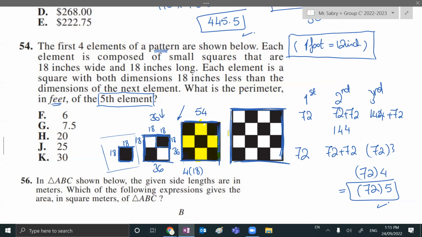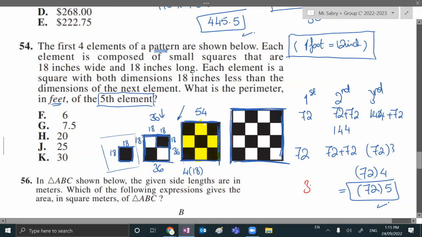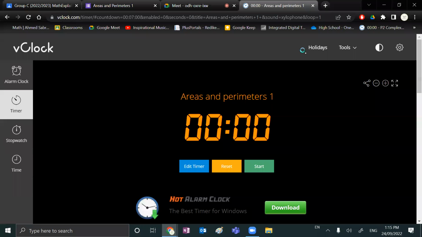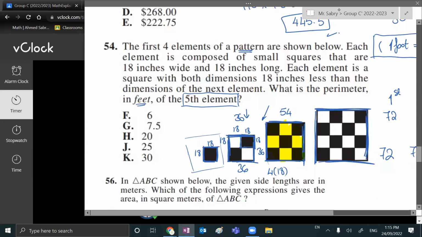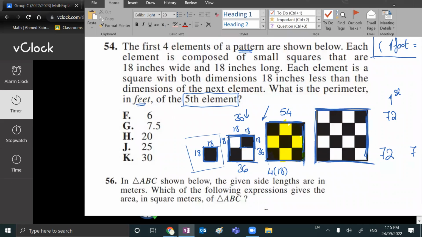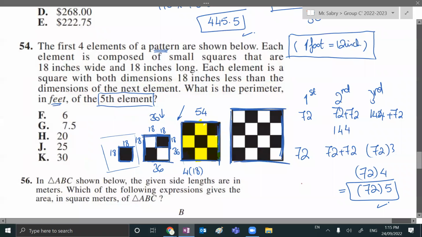Mr. 72 times 5 gives 360. So 360 inches, right? So I need to change that to feet. In 1 foot there are 12 inches. Okay? So I'll need to divide this by what?